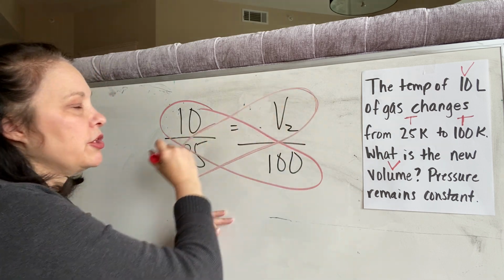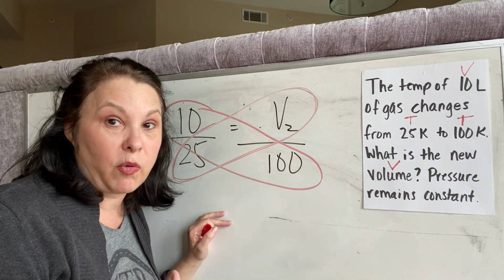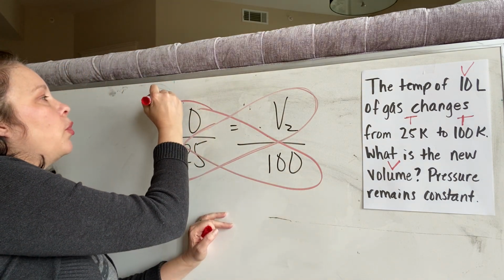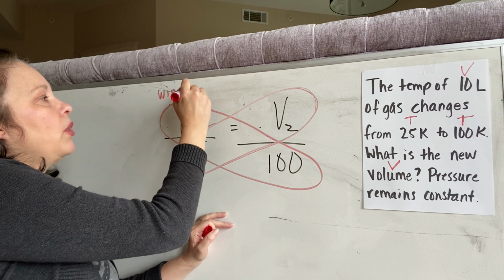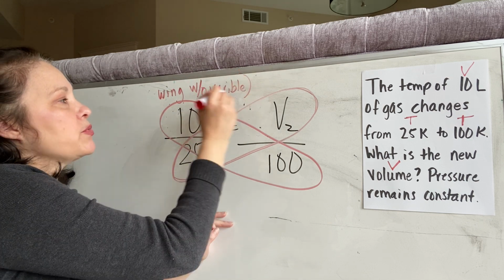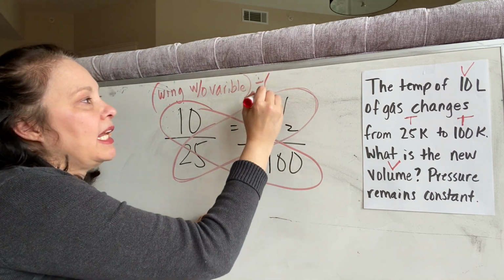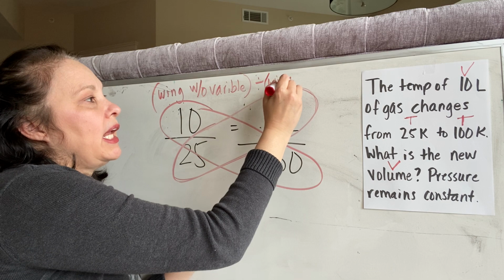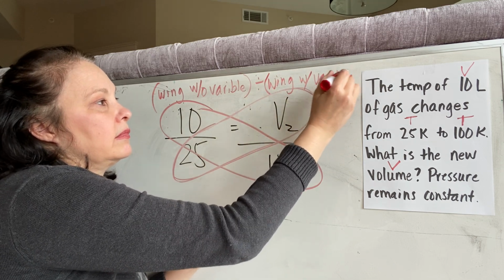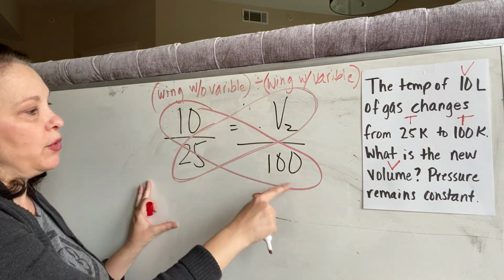What we're going to do, and you're probably going to want to write this down so you always do it this way, is the wing without the variable, always in parentheses, divided by, in parentheses, the wing with the variable. Close your parentheses.